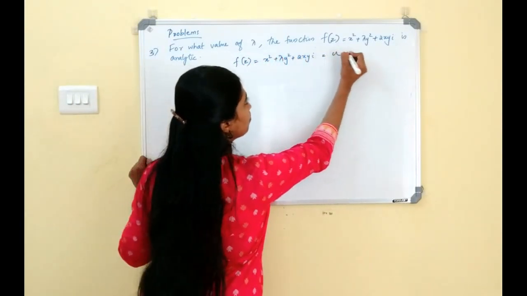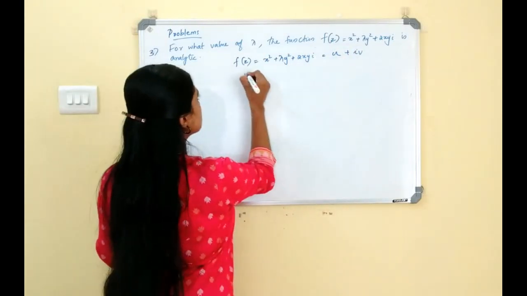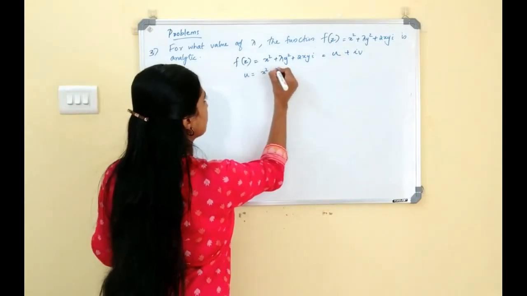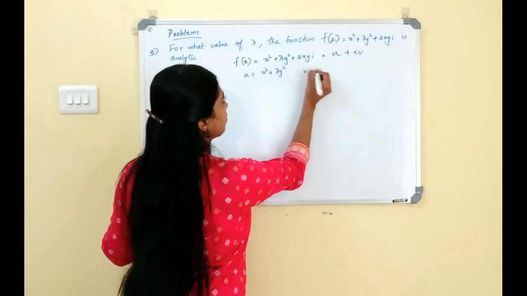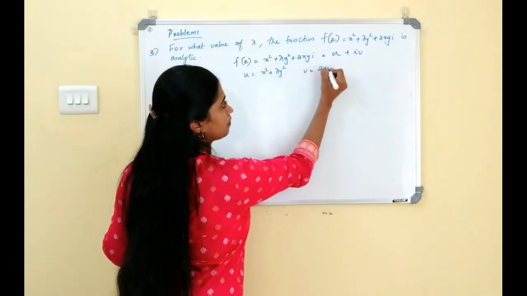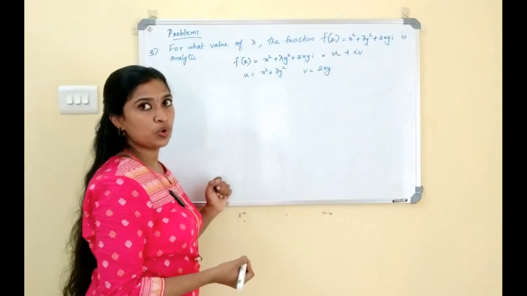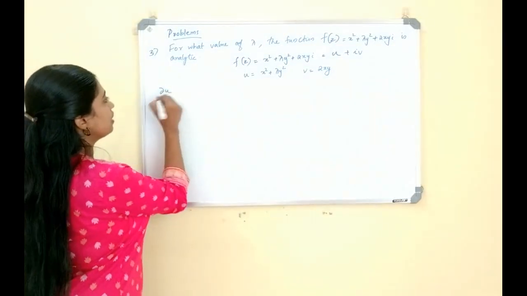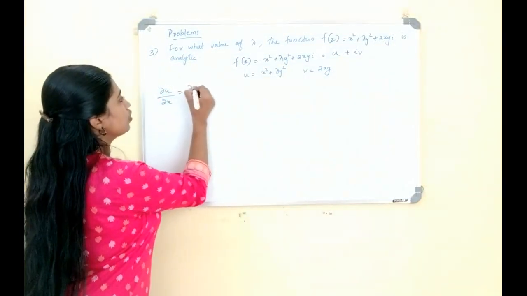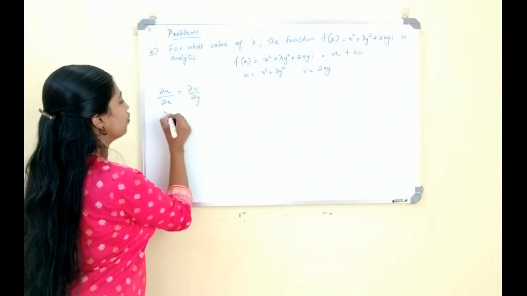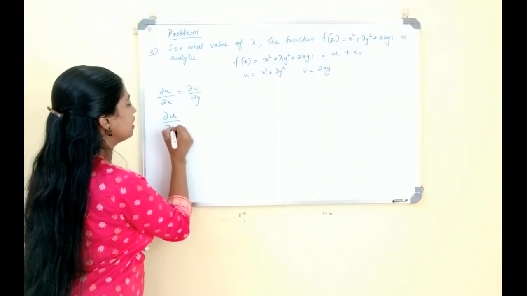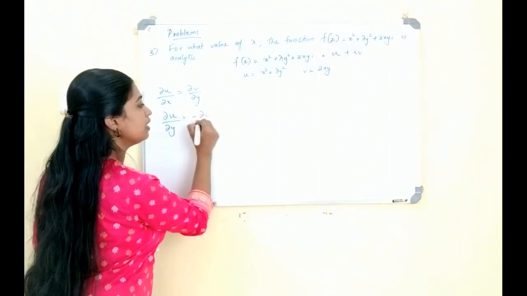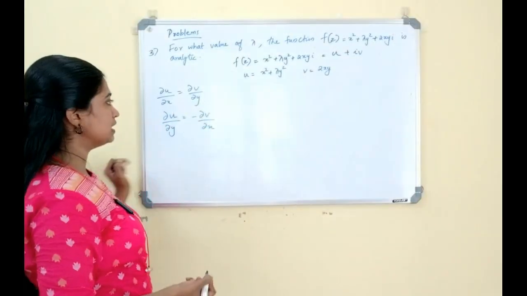This is of the form u plus iv, where u is the real part, that is x square plus lambda y square, and v is the imaginary part, 2xy. It satisfies Cauchy Riemann equation, that is dou u by dou x is equal to dou v by dou y, and dou u by dou y is equal to minus dou v by dou x, since it is an analytic function.